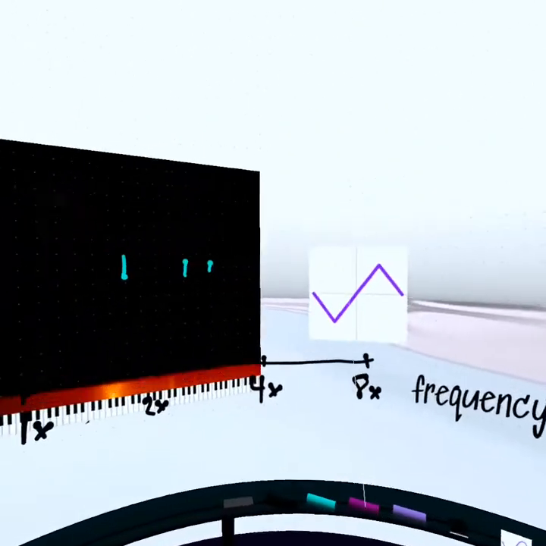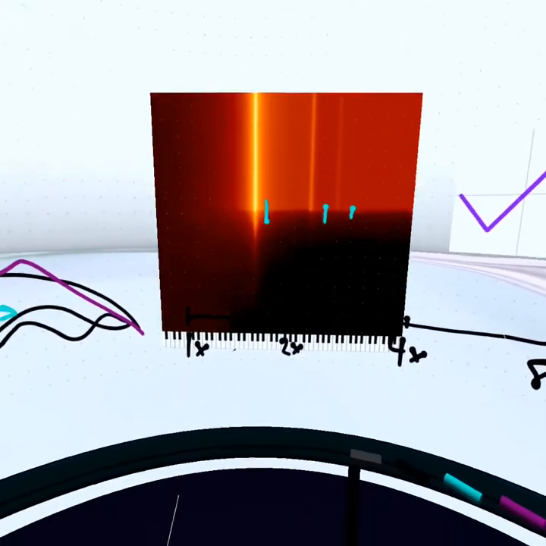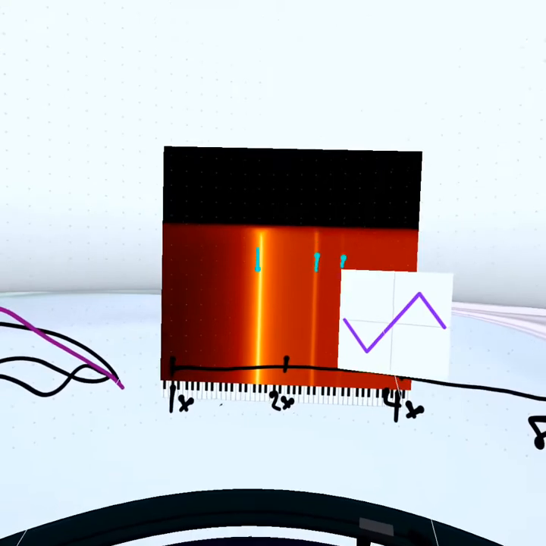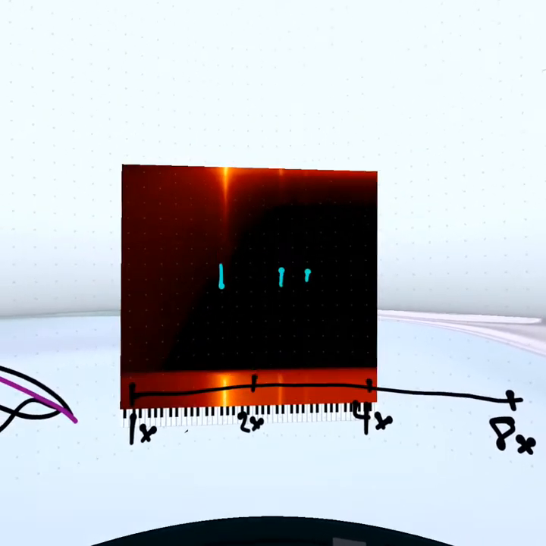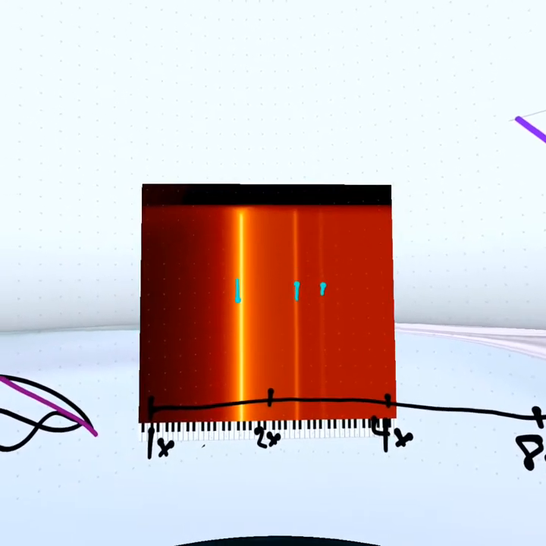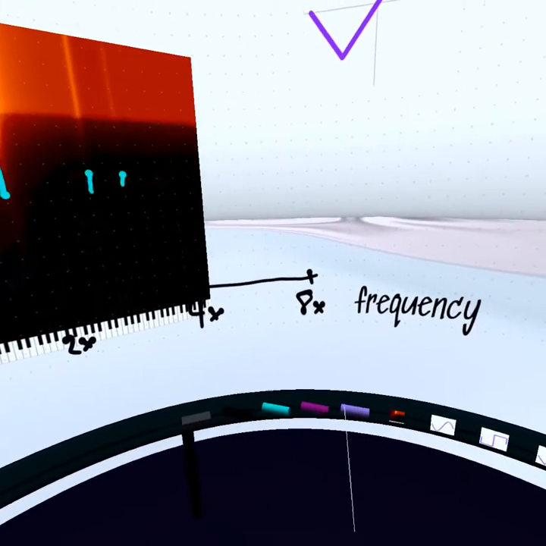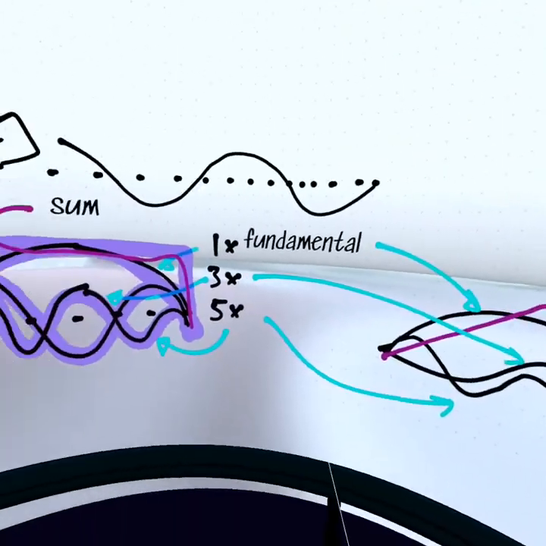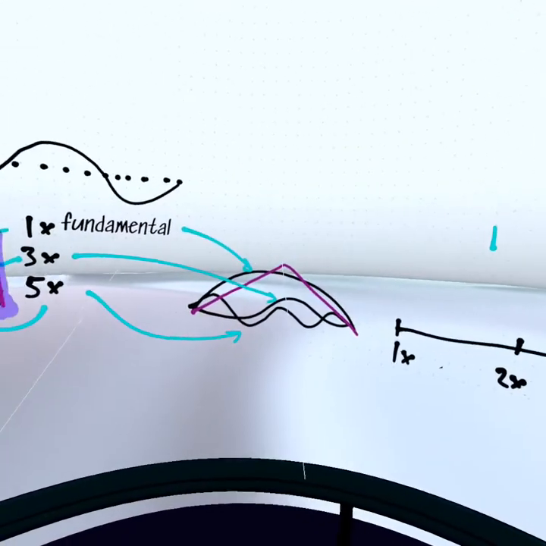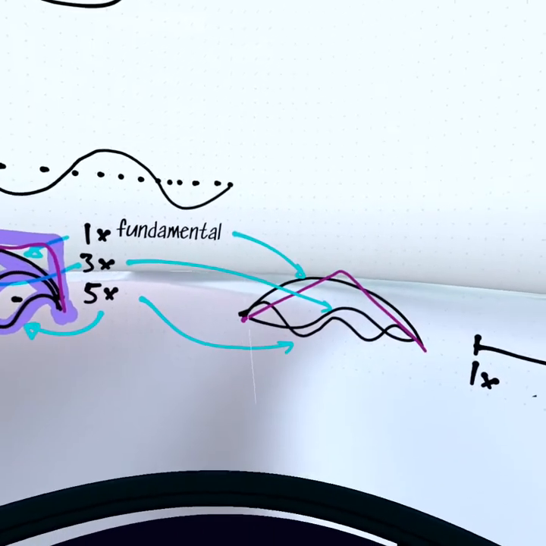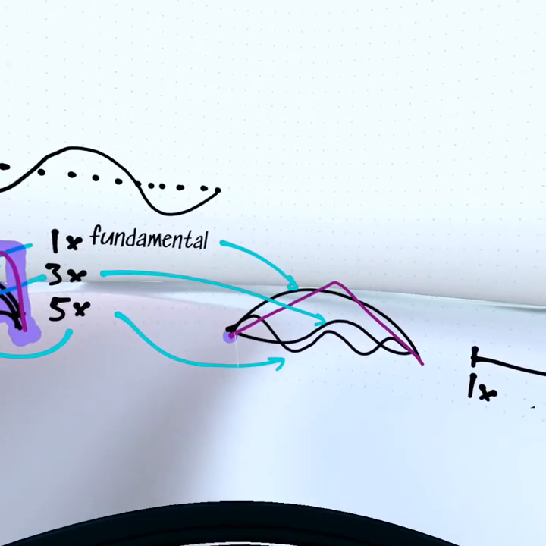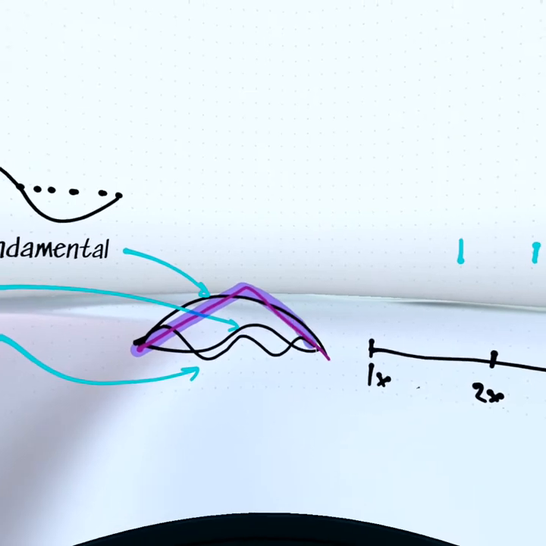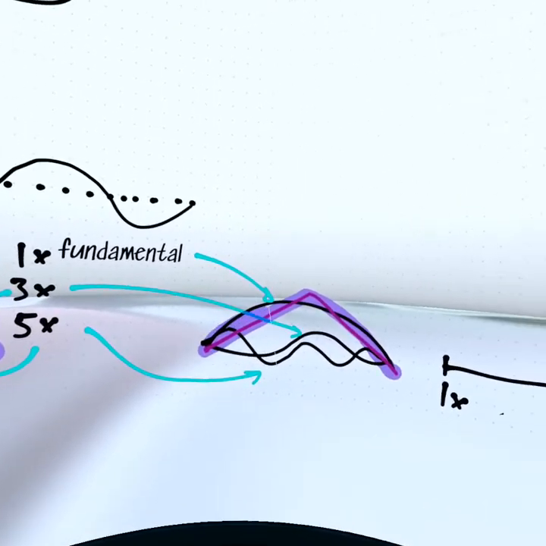Now, this one, the triangle wave, we've slid a little bit, there we go. This triangle wave, it also is the same 1, 3, 5. Let's see how we build a triangle wave with these pure tones. So triangle wave is something that's shaped like this, right? We have our fundamental, right?